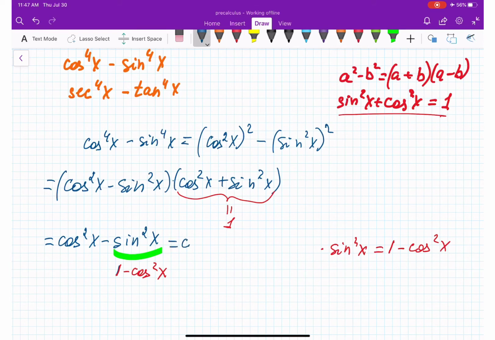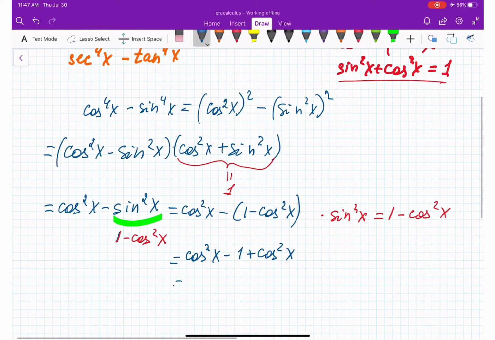So I'm getting cosine squared x minus, opening parenthesis, 1 minus cosine squared x. That is cosine squared x minus 1 plus cosine squared x, and I'm getting the answer 2 cosine squared x minus 1. Okay? All right, so this is the result after simplification.